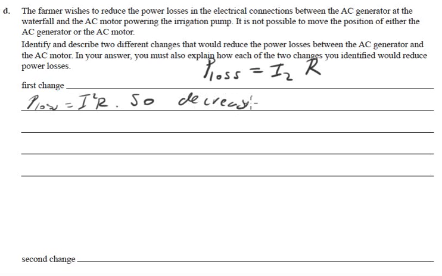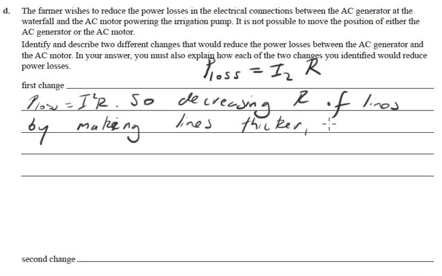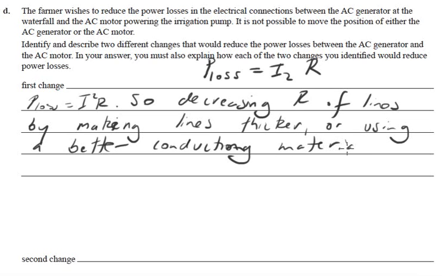There's a couple of ways we can decrease R. We could make the power lines thicker, or another way is to use a better conducting material for the lines. Both of those things will decrease R, and so will decrease the power loss.